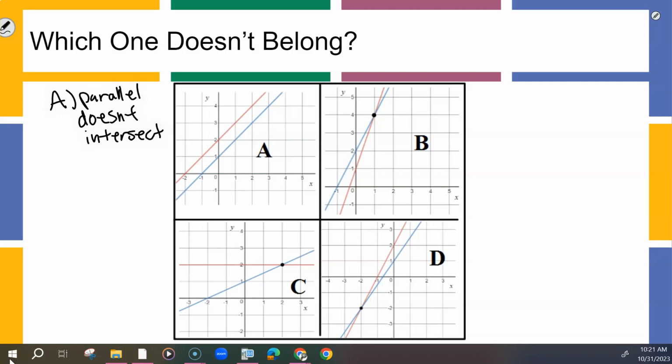I mean, these are all intersecting. Sure. Oh, sorry. I did say D, but if you have a reason for D, we can skip it. For D, okay. So for D, the intersecting point is in quadrant 3, or in the negatives, they're both negative.